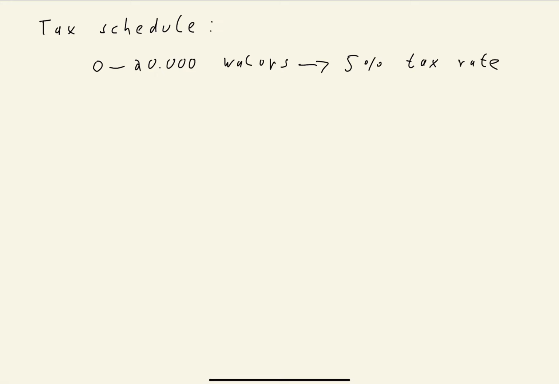Then from 20,000 to 50,000, so 20,001 until 50,000 valoops, there we have 20%.